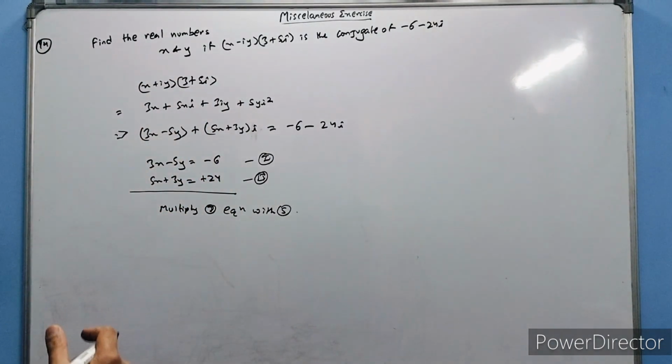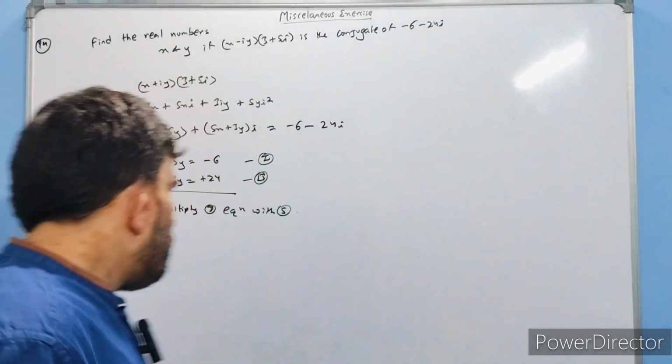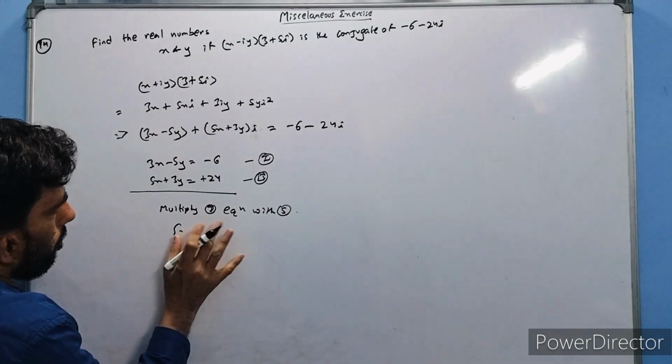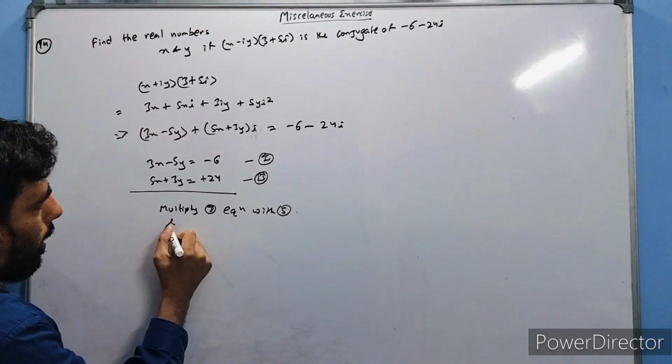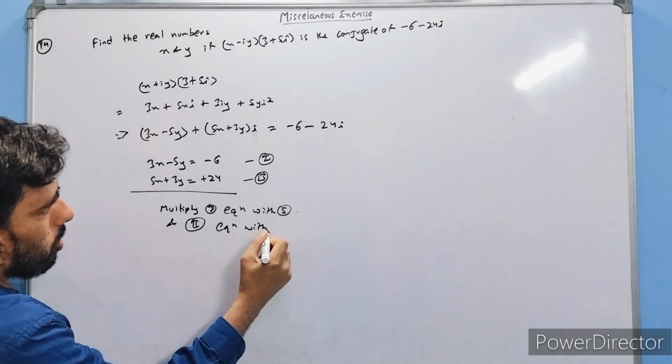I am applying the elimination method here. Multiply the first equation with 5 and the second equation with 3.